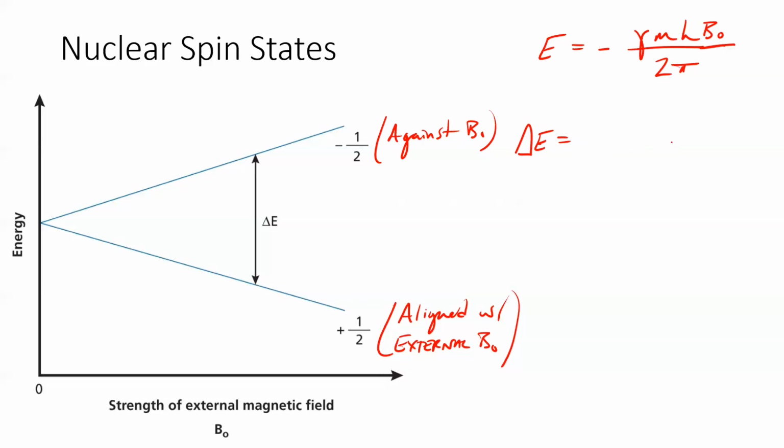Also, the m drops out, because when we subtract these two, we have a -1/2 minus a half, and the negative out front all cancels out, and we get rid of our m as well, right? And so we just end up with gamma h B0 on 2 pi. And so that's this energy difference.